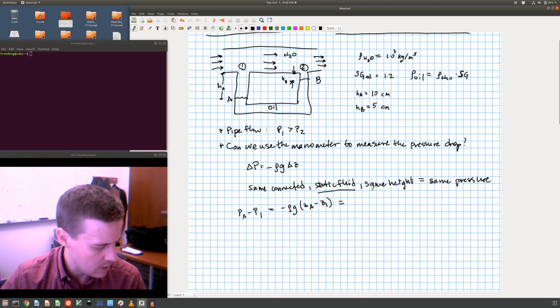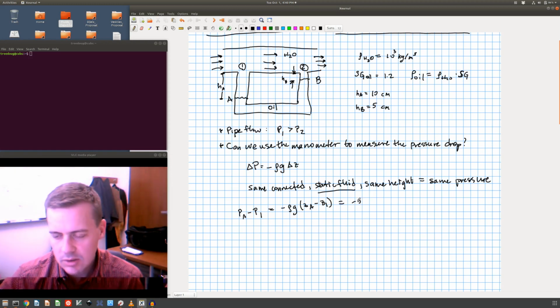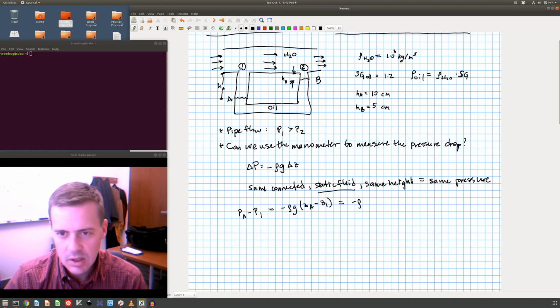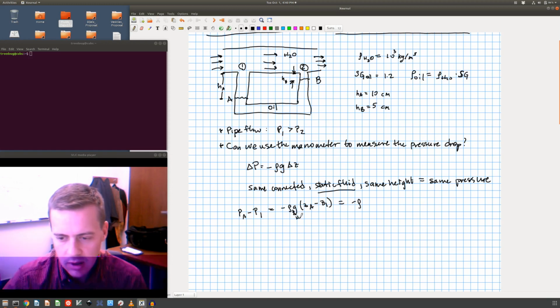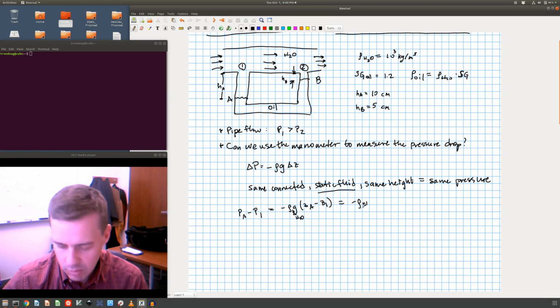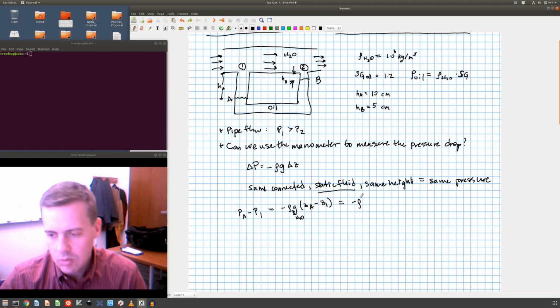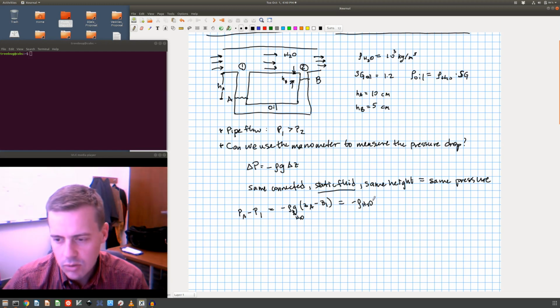So that means I'm going to have a minus rho. Oh, and I forgot something important now that I'm writing it. This is the density of water, so this needs to be rho H2O right there. Rho H2O times G, and then ZA minus Z1 is minus HA.